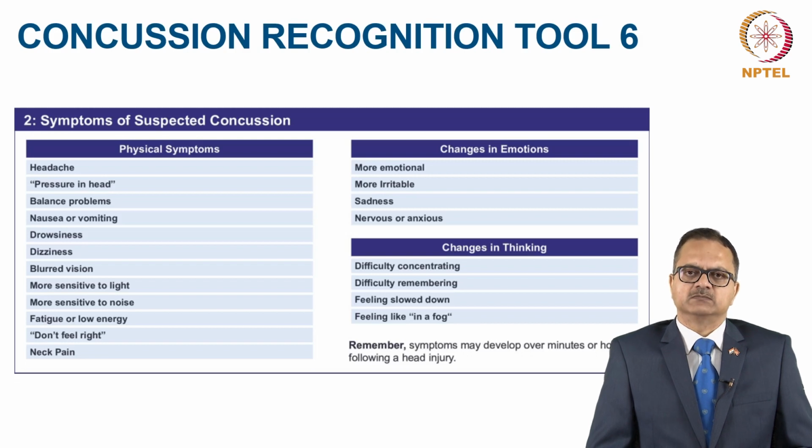Change in emotions such as more emotional, more irritable, sadness, nervous or anxious. Changes in thinking like difficulty concentrating, difficulty remembering things, feeling slowed down, feeling in a fog. Please remember, symptoms may develop over minutes or hours following a head injury.